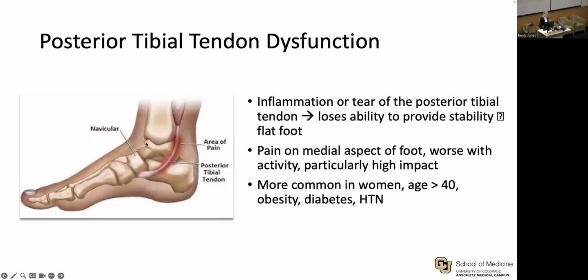It's one of the most common problems of the foot and ankle, and the tearing or the tendonitis can come from an acute injury, or it can come from repetitive overuse. And then you'll see the arch slowly falls or collapses over time. And so people come in with pain on the medial aspect of the foot. It's worse with activity, particularly high impact activity, tends to be more common in women, people over 40, obesity, diabetes, hypertension.